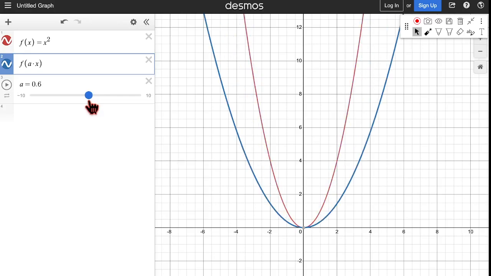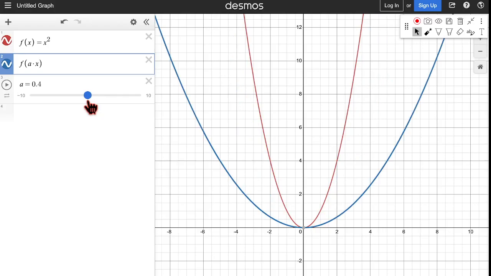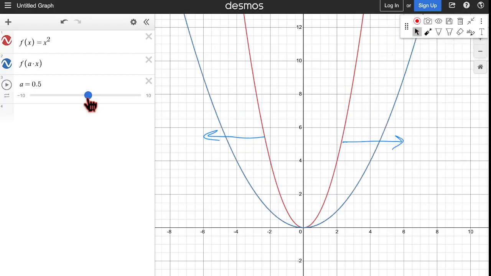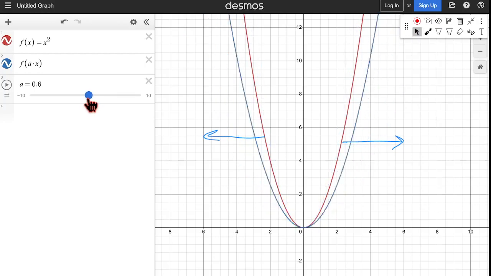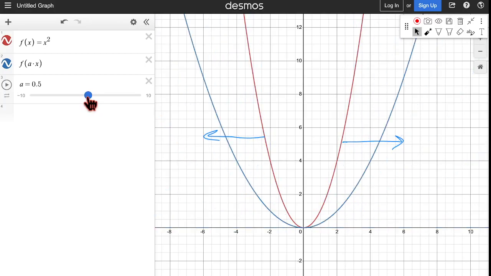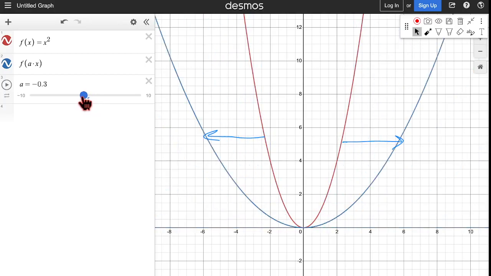If you were to describe that horizontally, it is a stretch, right? We are stretching it this way. We're pulling it outward. That's a horizontal stretch. Anything between 1 and 0. And then again, we get that reflection if it's negative.